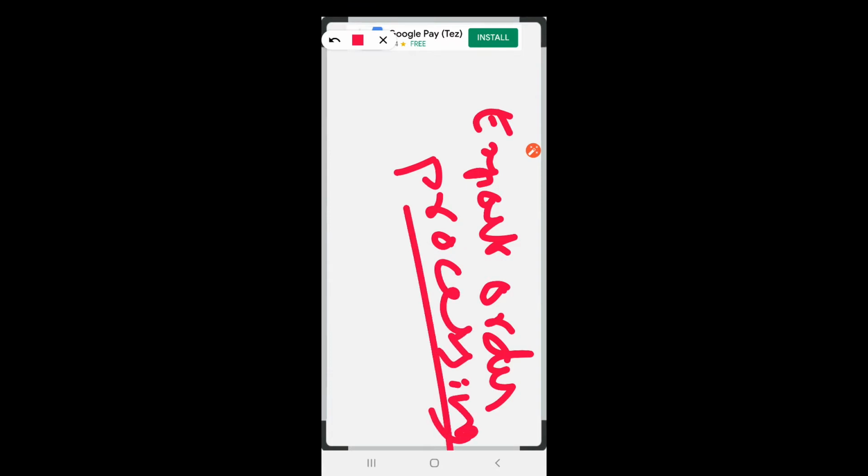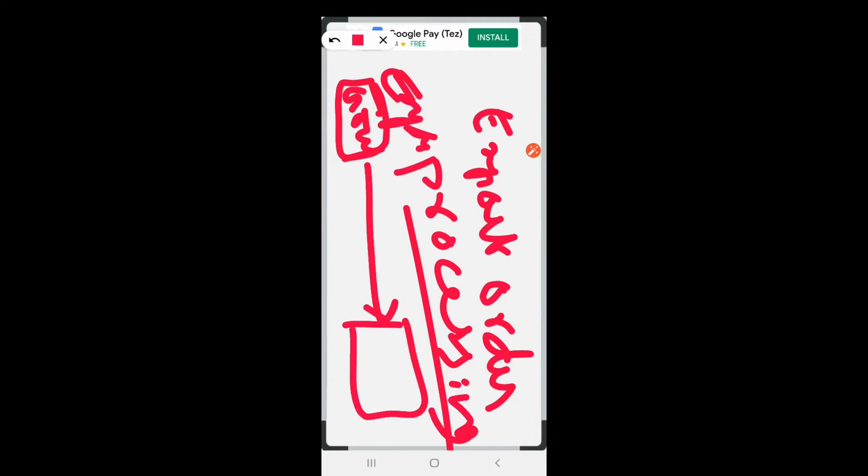Basically, the goods, once they are manufactured in the export country, should reach the import country.